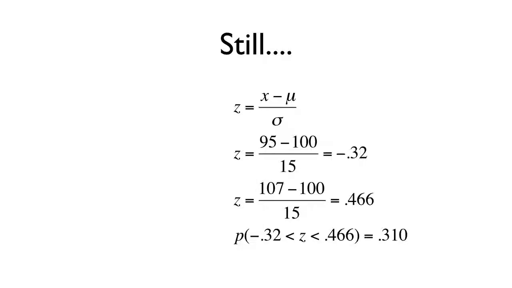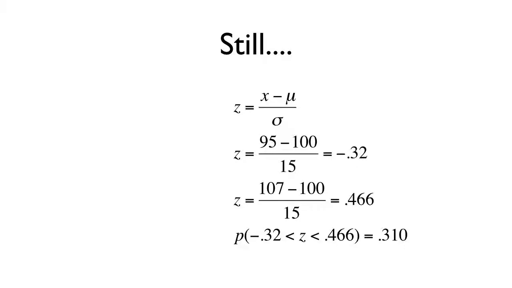But what if we had a way to represent everything, instead of using that complicated one, a little simpler, where we represent everything as where it falls in a distribution with a mean of 0 and a variance of 1? Well, that's what we do with the z-score.